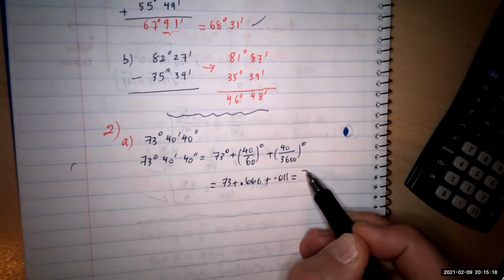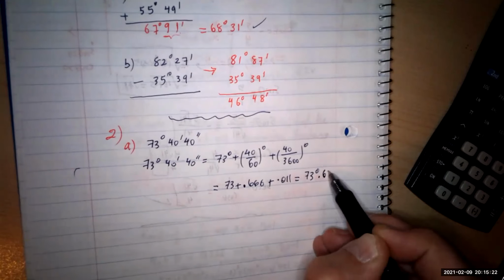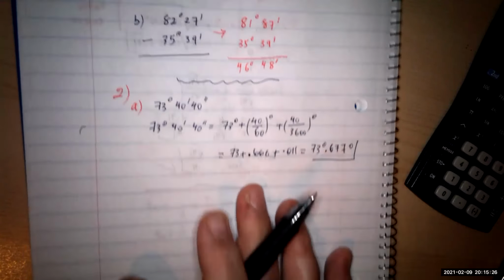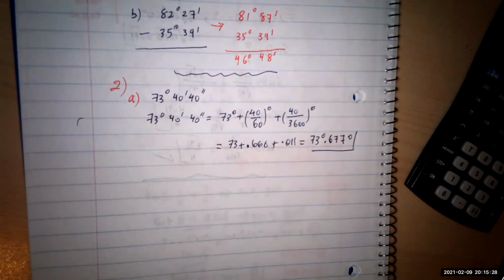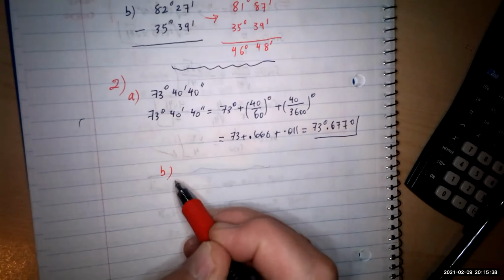The result is going to be 73.677 degrees. So that's the first part. Any question? It's not going to be difficult. I give you the answer for the second one. You can check it for yourself.